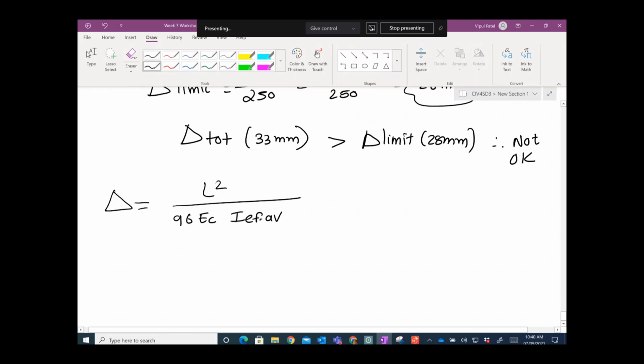It can be applied to a simply supported beam or a continuous beam, with left-side moment, moment at midspan, and moment at right. So this is a very generalized equation that can be applied to any continuous beam and simply supported beam. So let's substitute all these values here.